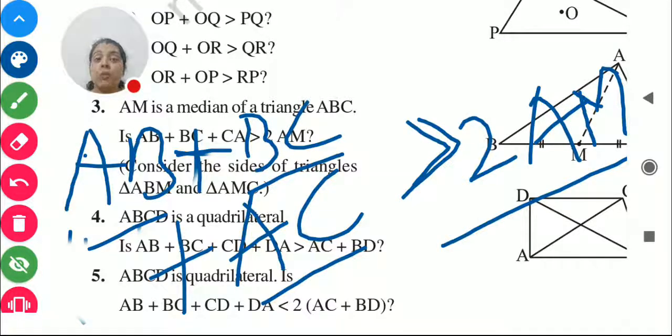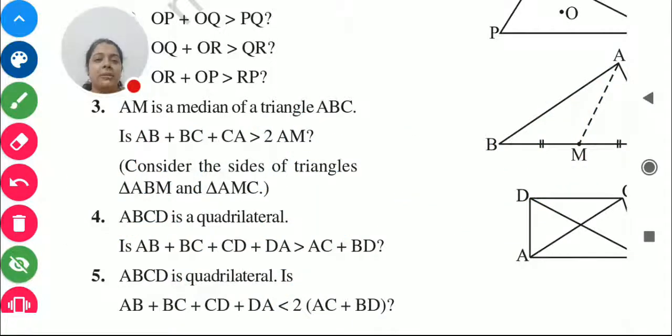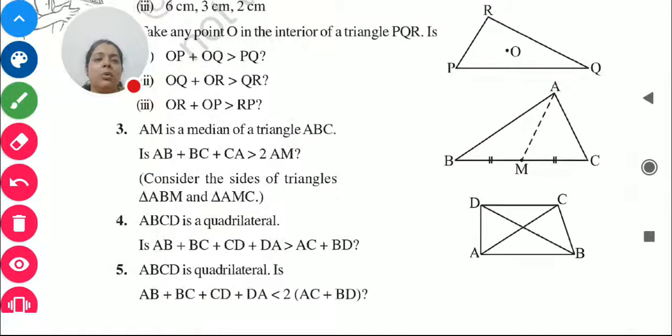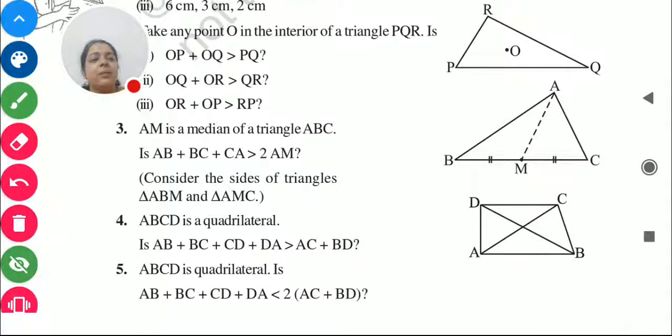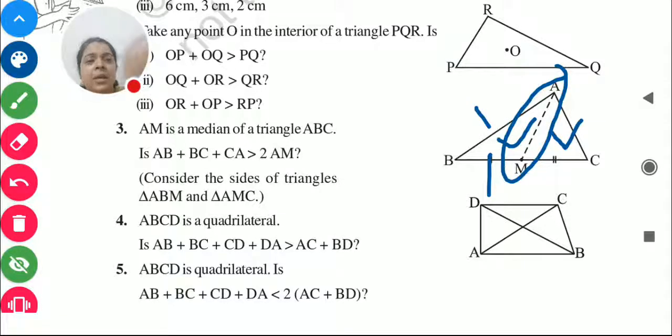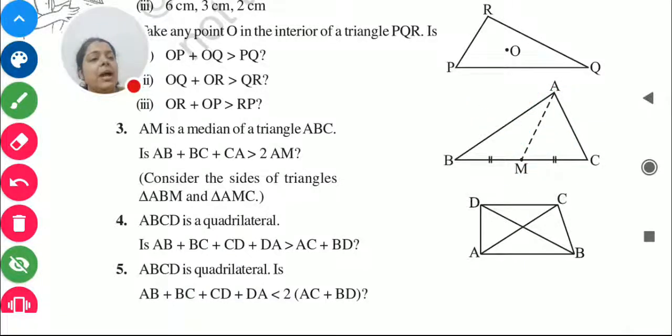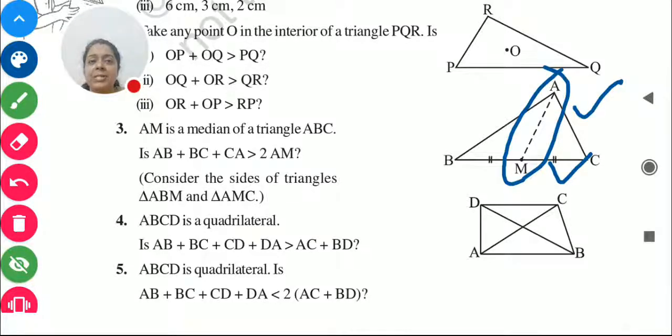Solved it. What I did here, I simply did one thing. Check it now. I took two parts of the triangle and I checked with the property. I checked AB plus BM is greater than AM. This is the first formula. I checked AC plus MC is greater than AM, right? After that, I added up both the equations.